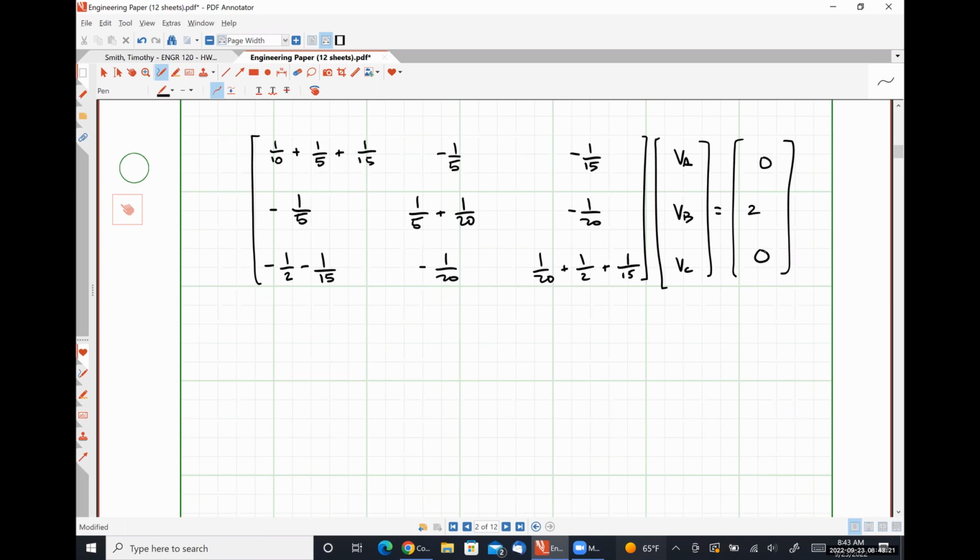I get VA is equal to 1520 over 91 volts, or not in weird fractions, 16.703 volts. VB is 2260 over 91 volts, which is 24.835 volts.